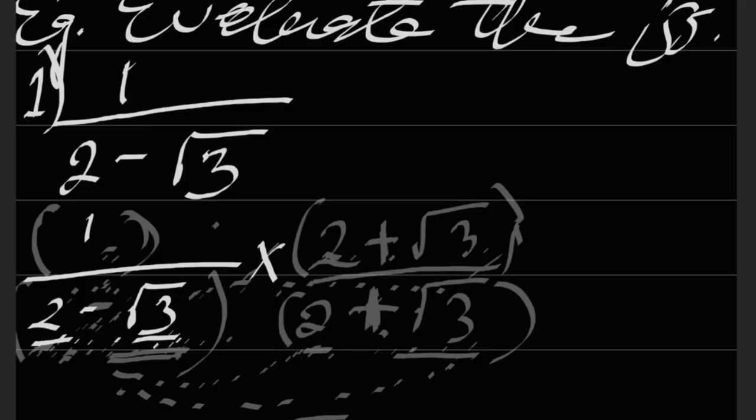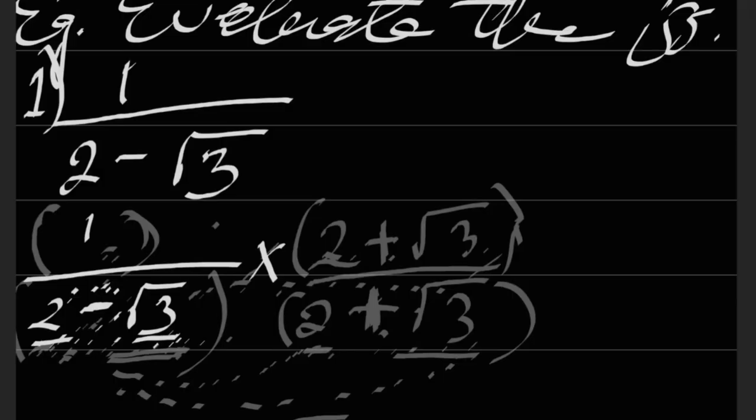In between the two numbers, there is a sign. This is what you have to take note of. If the sign is minus, then we are going to use plus. If the sign here in the middle is plus, we'll use minus for our multiplication. So that is to say, we'll multiply the numerator and the denominator by the conjugate of the denominator.